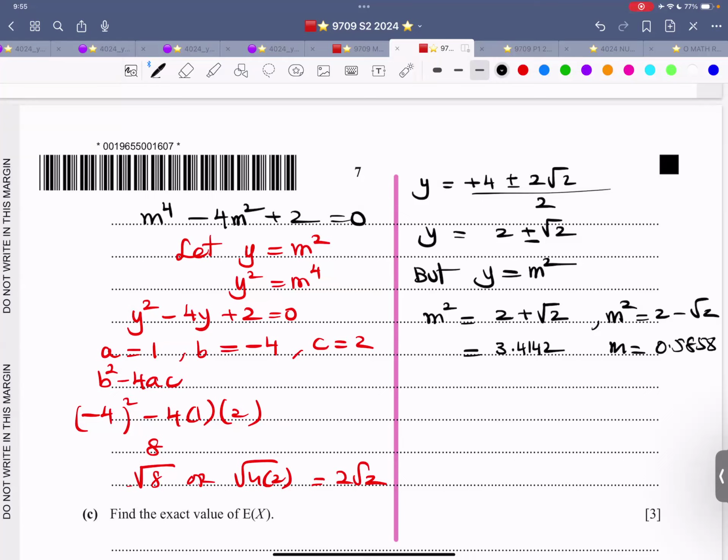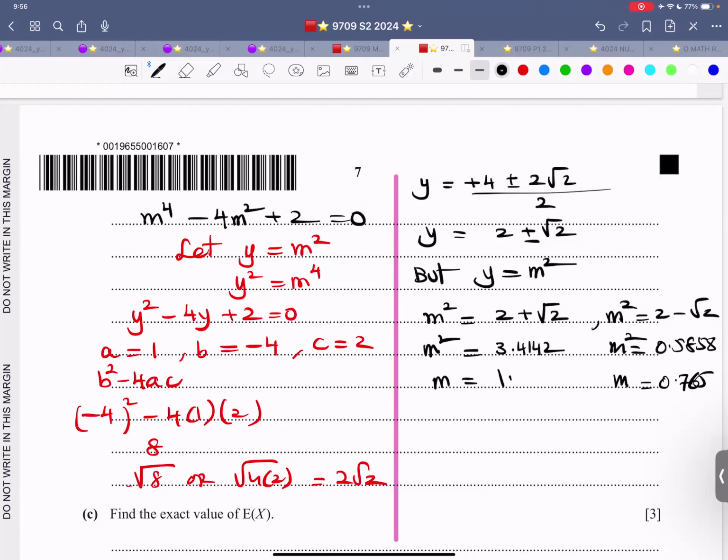This comes out to be 0.5858. Now, when I take the square root over here, this comes out to be 0.765. So m is 0.765. This is m squared. Now 3.4142, the square root comes out to be 1.847.